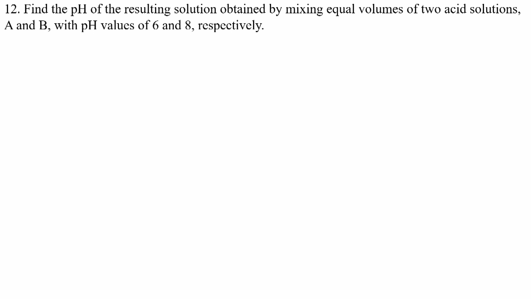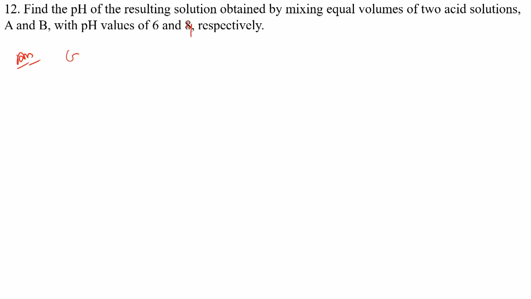So we consider acid solution, so we consider pH here 4, not 8. This is pH 6 and 4 we consider. So the pH of solution A is given. Okay, what are the data given?